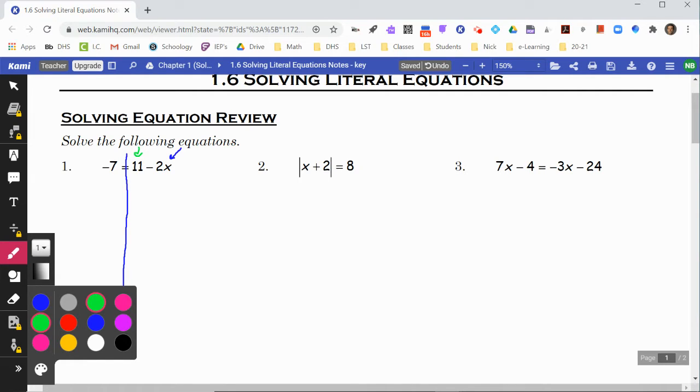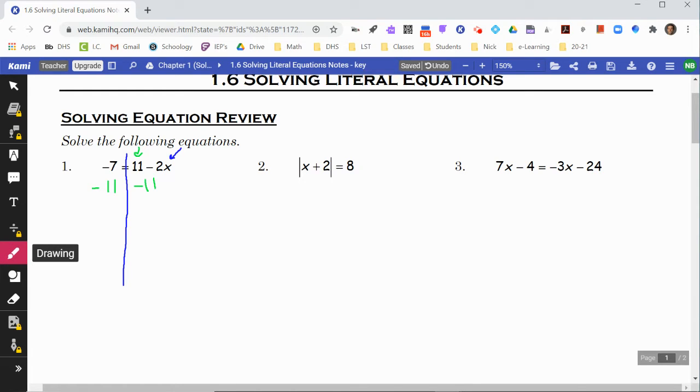So to get rid of a positive 11, I'm going to use inverse operations. I'm going to start undoing that 11, and I'm going to do my inverse of positive 11, which is minus 11. And what I do to one side of my equal sign, I must do to the other. So I'm going to subtract 11 from both sides. I'm going to draw my line. I have -7 minus 11.